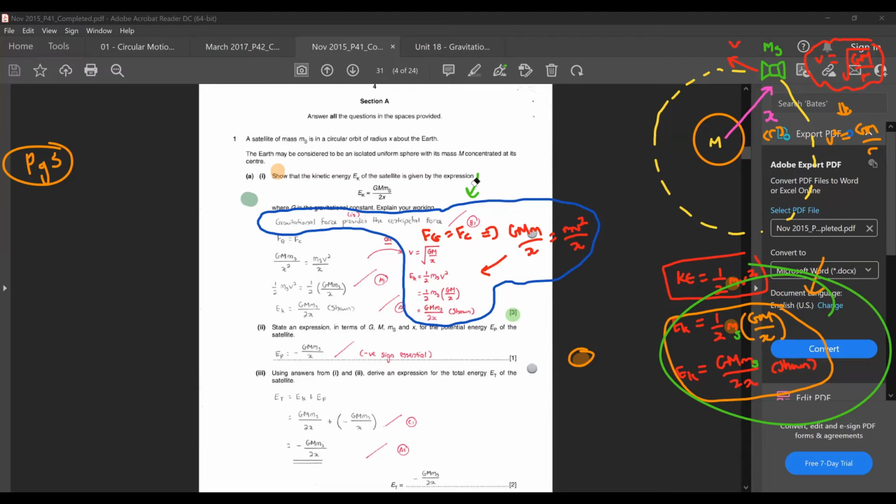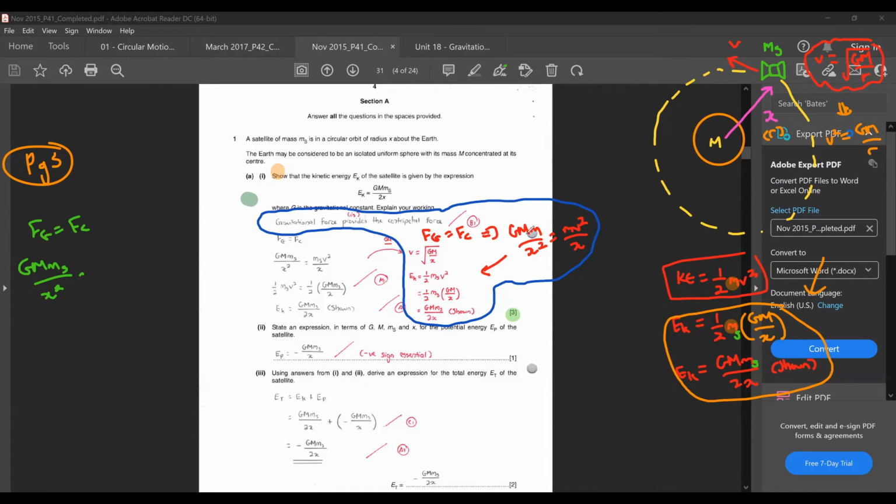Now there's also another way of doing this, but I think this one is pretty complicated, not as straightforward, because it relies on algebra manipulation, where you say Fg equals Fc. So you have GMm_s over x squared equals to, here also I forgot something, this one is a square.